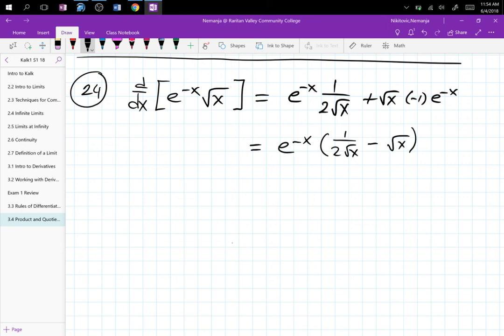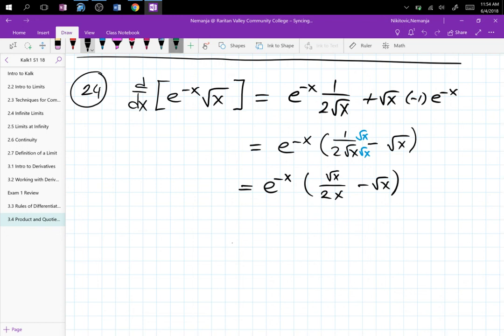Now we can rationalize the first to simplify it, because eventually we have to set all of this to 0. It becomes root x over 2x minus root x. It doesn't really help, so I guess we can just leave it there.